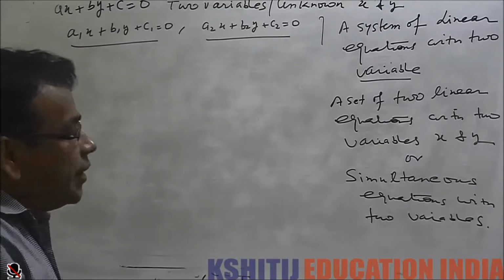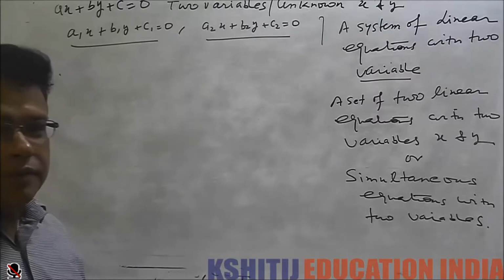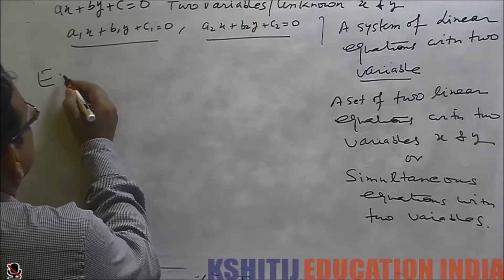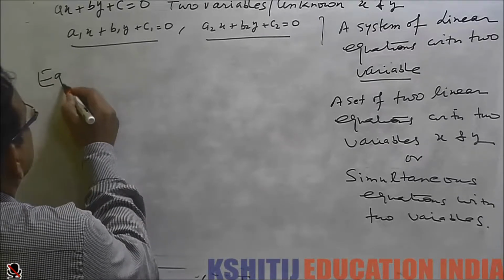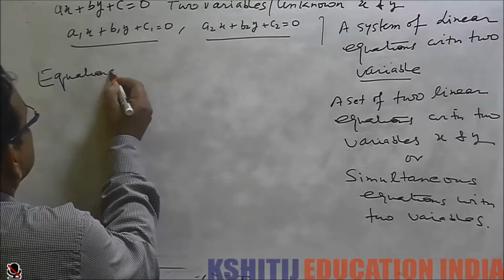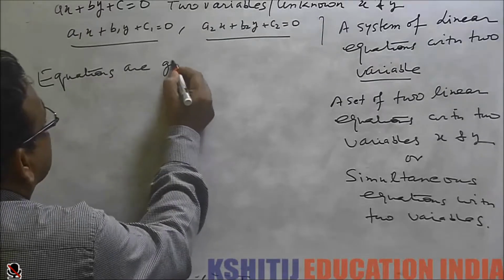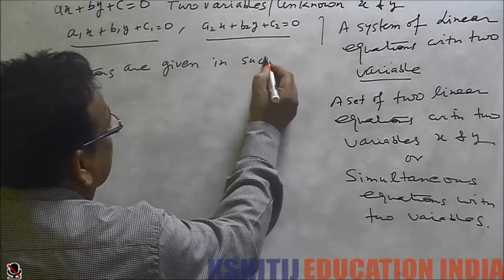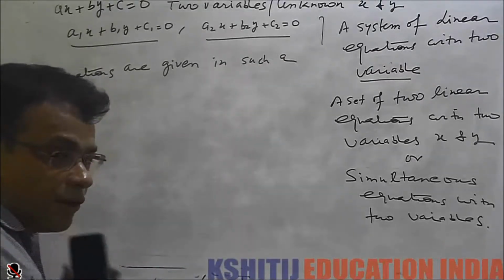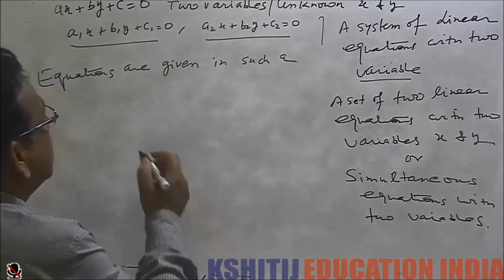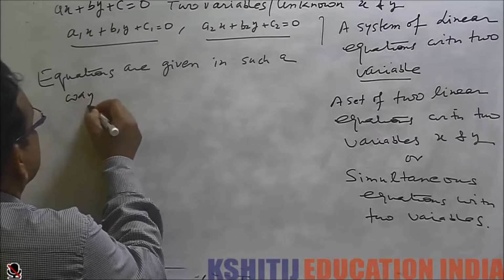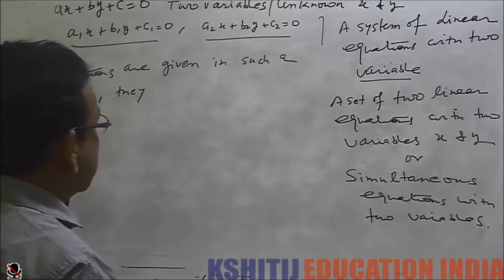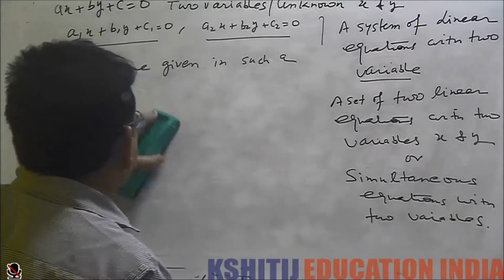So now these two equations are given in such a way that there is a possibility that they are linear equations, but they are given in such a way that we cannot find x and y.